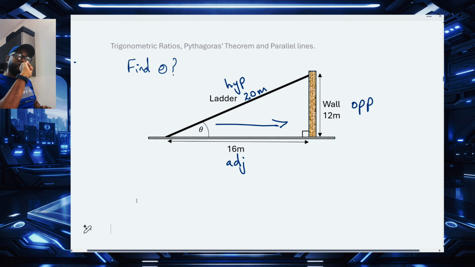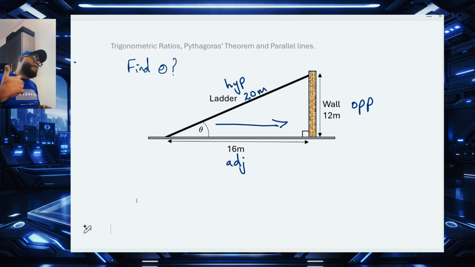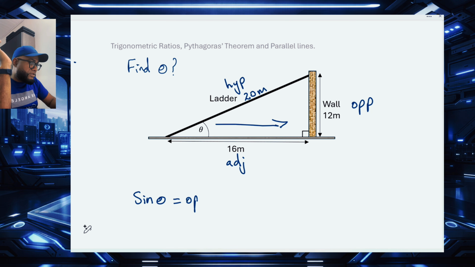Now you want to find theta. In this case, because we want to find theta, not one of these sides, you could actually use any one of the trigonometric ratios, right? I will just use sine. Okay? So sine of theta would be equal to opposite over hypotenuse, right?